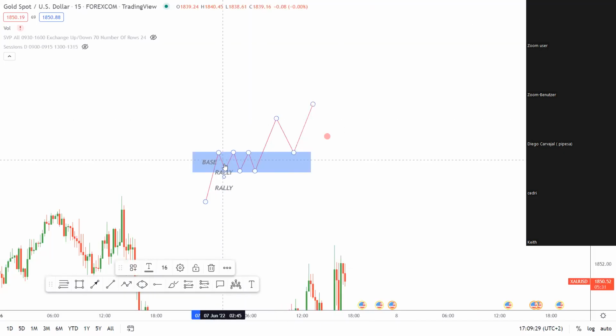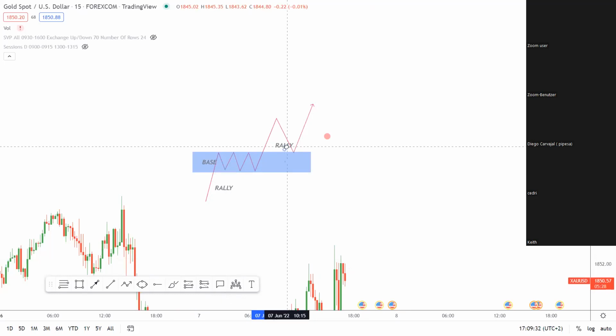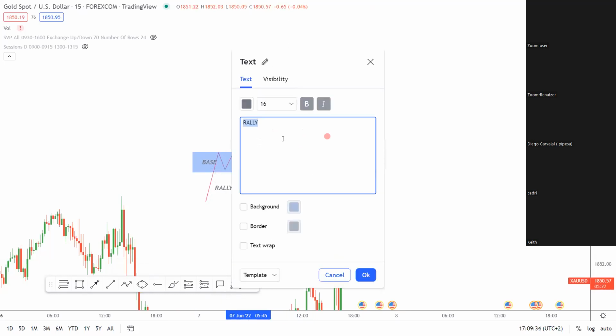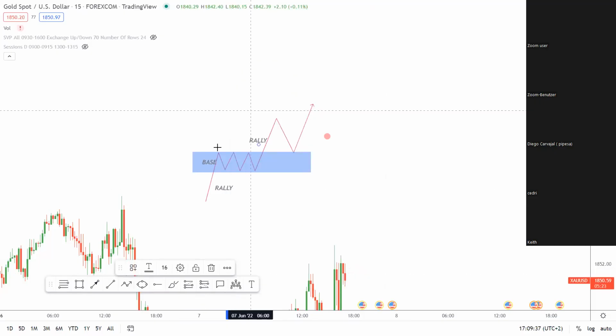Don't worry guys, all of this will be recorded so you can get back to it later. Price has gone up, doing a rally to the upside, then a base, and then a rally which has broken the base.